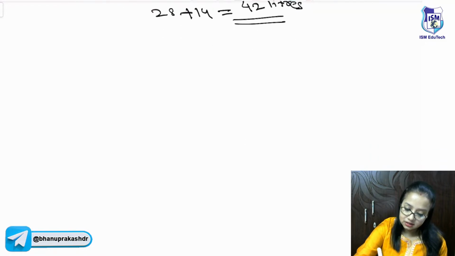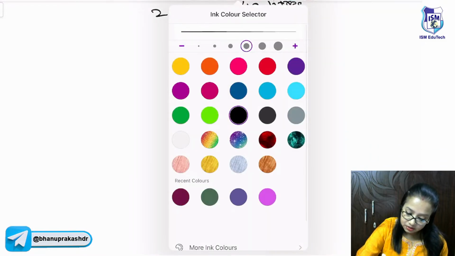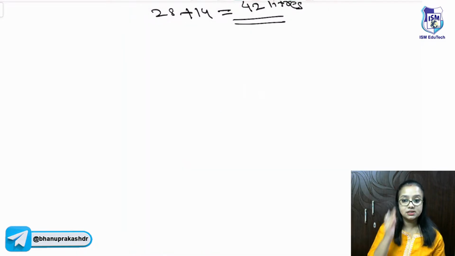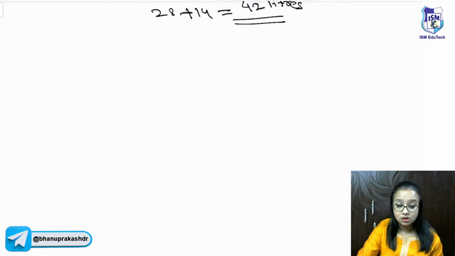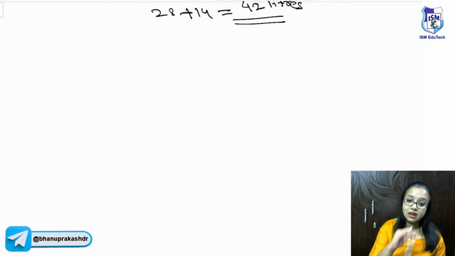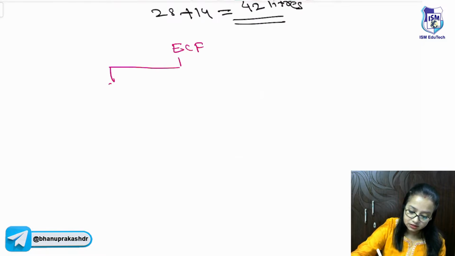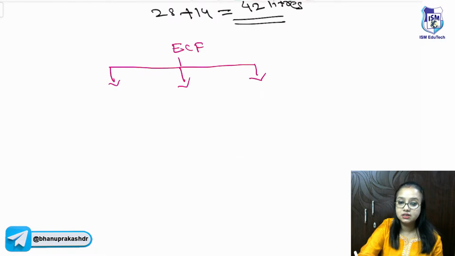Now, ICF is inside the cell, so inside the cell there are no further compartments, but ECF, which is the area outside the cell, has many other types of compartments also. Depending on where it is present, this ECF is again further divided into three regions.